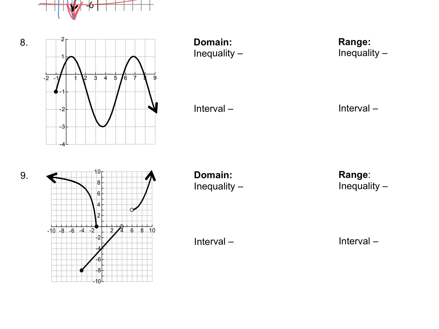Number 8, just a little bit different. When you see something like this, hopefully you can see a pattern is happening here. Okay, so there is kind of like an up and a down. So let's first talk about the domain. What is the smallest number I get to use on this, looking at the x-axis? Going this way, we know the smallest number is this -1.